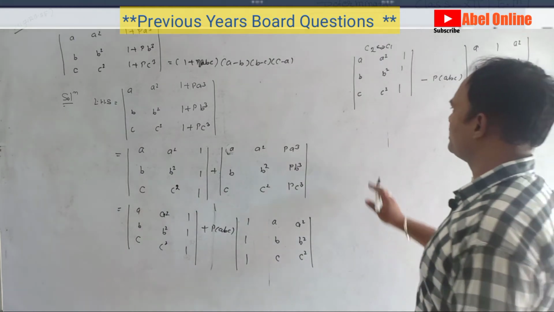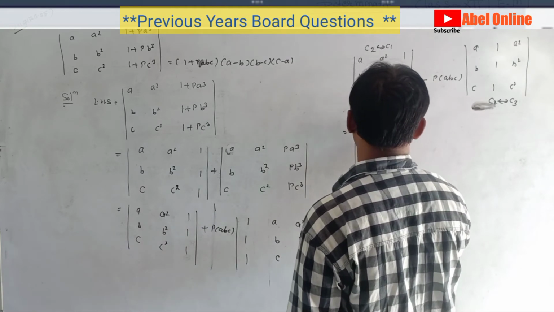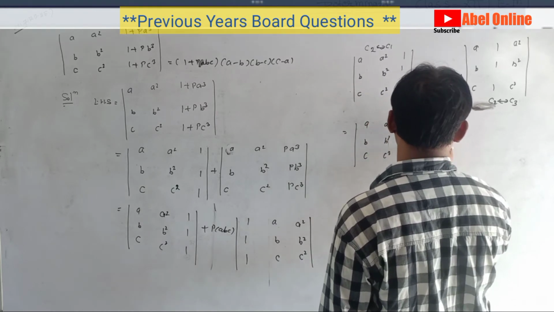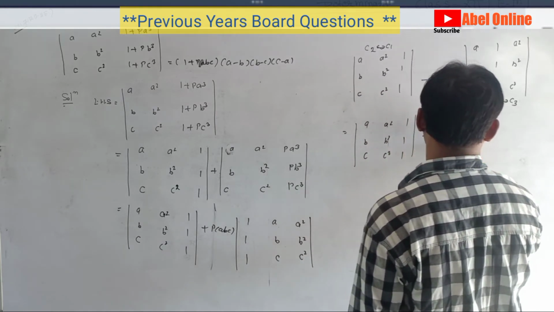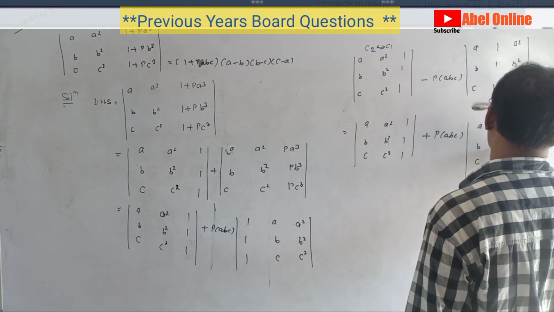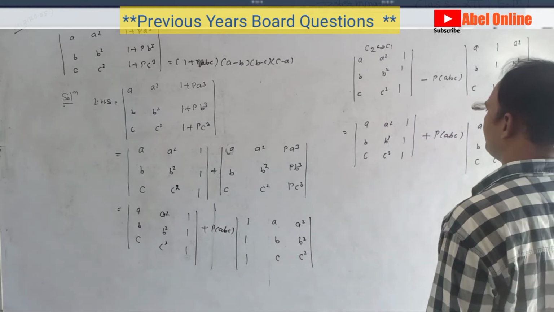So we can say that it is a b c, a square b square c square, 1 1 1, minus plus p abc, a b c, a square b square c square, 1 1 1. So students, this is the question.